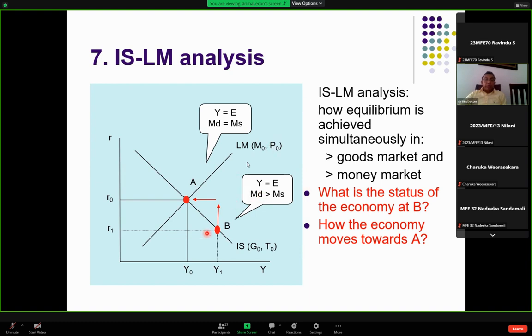So when the interest rate goes up, output should go down, aggregate demand should go down. That's why ultimately a point like this moves in this direction.